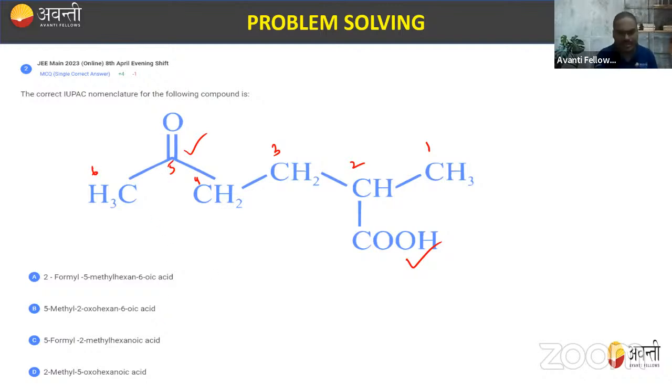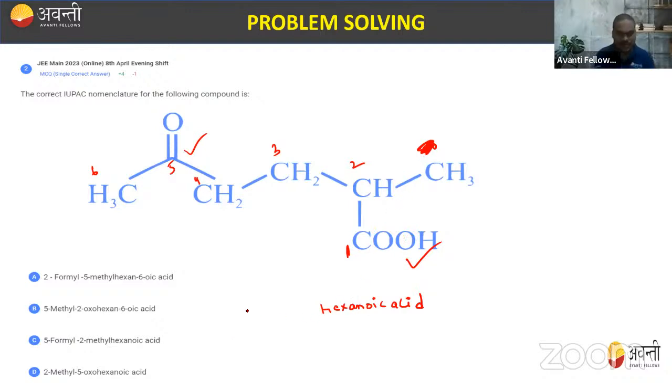So we know this is hexanoic. This is hexane and oic acid, so this is hexanoic acid, and we have a keto group and a methyl group. The numbering is like this, 1, 2, because we give priority to the functional group.